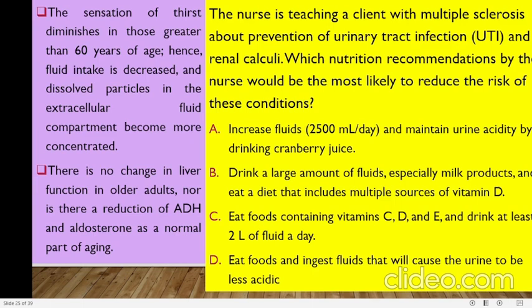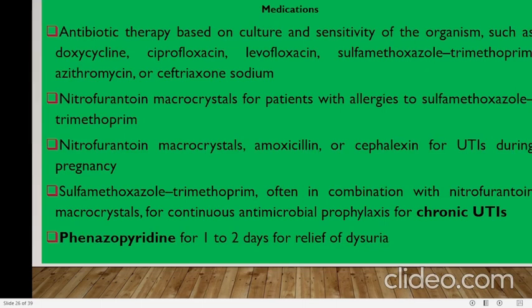Okay, so 2,500 is closer to the 3,000 you want, so 2,500 becomes a better option compared to C. Eat foods and ingest fluids that cause the urine to be less acidic. It has to be more acidic, okay? So that's why the correct answer is A.